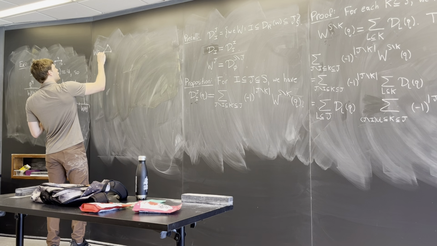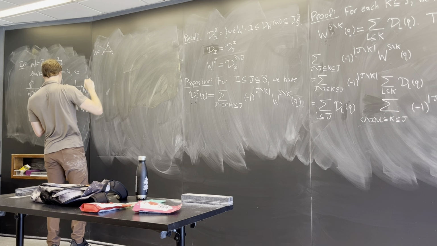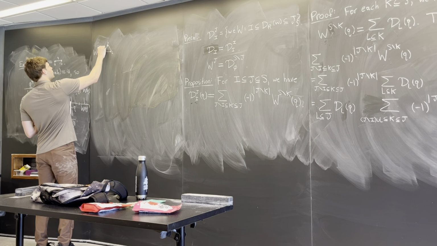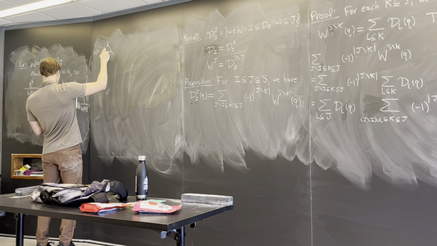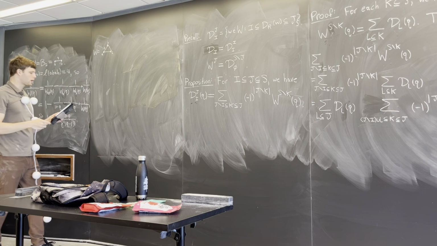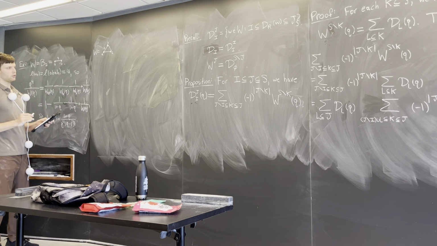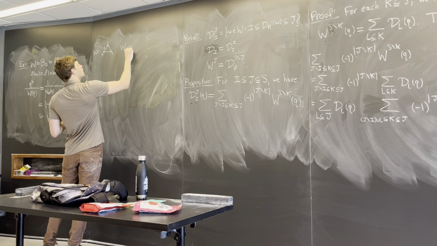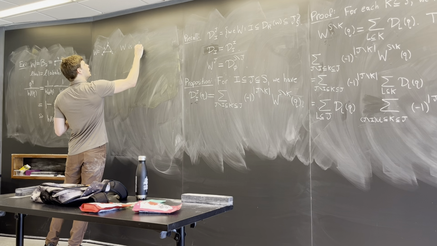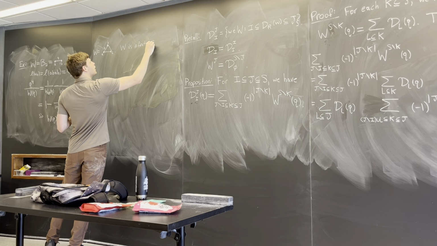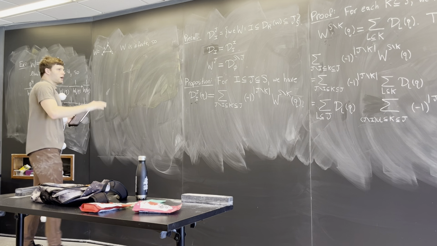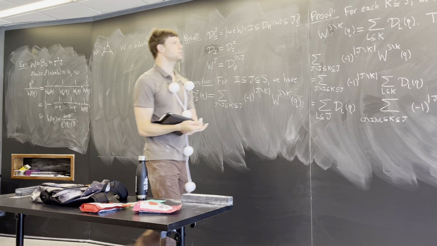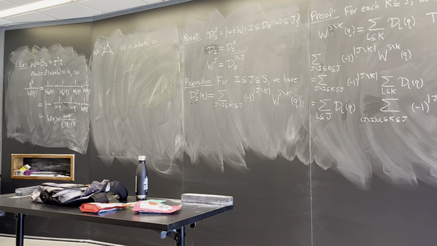I'll call this A, I'll call this B, I'll call this C. This edge will be 4, and let's say these are both 3, so I won't write the labels. So in this case, W is infinite. So if I apply the theorem, then I should say that 0 is this sum.